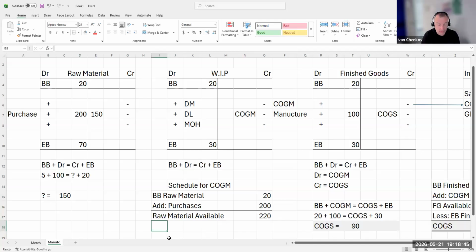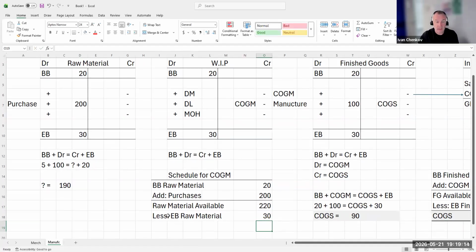We don't know this number, so let's get rid of it. And our ending balance, let's leave it at 30. So we deduct less the ending balance of the raw material account, of course, which is $30.